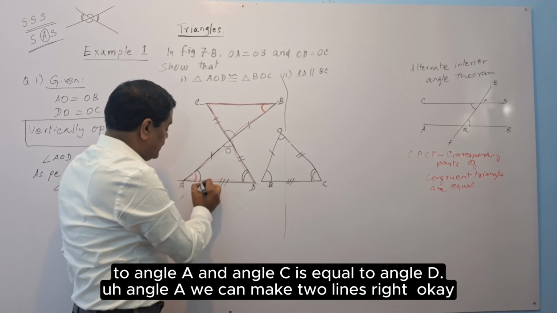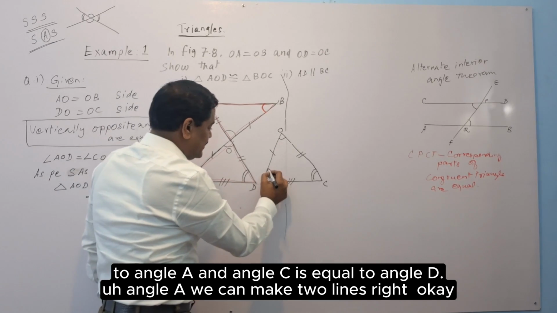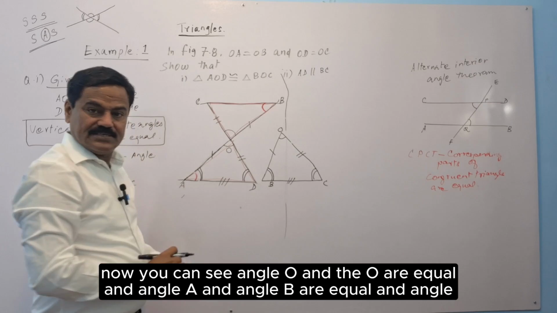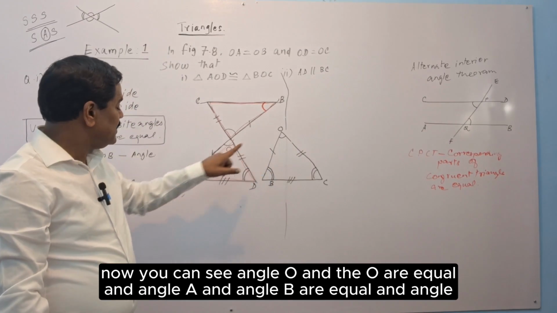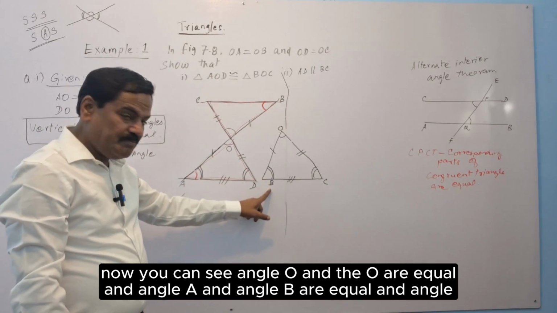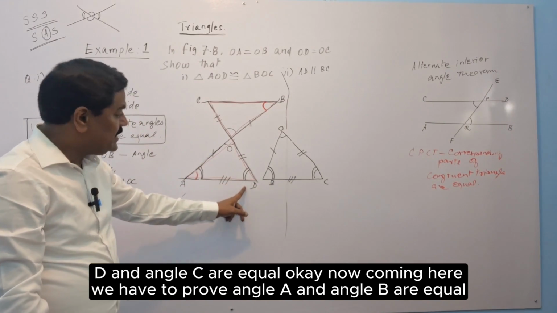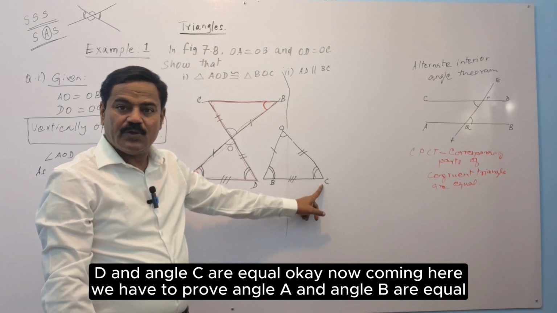Angle A, we can make two lines, right? Okay. Now you can see angle O are equal, and angle A and angle B are equal, and angle D and angle C are equal.